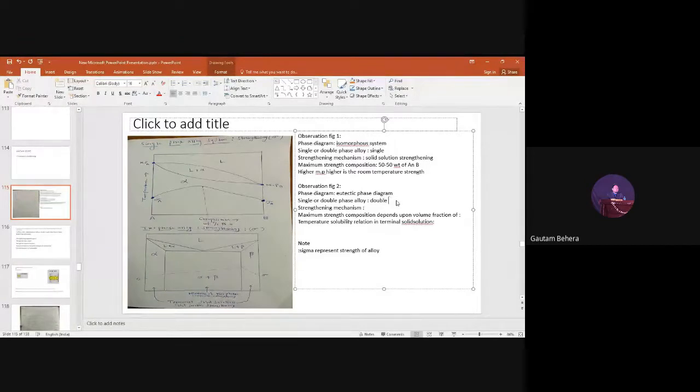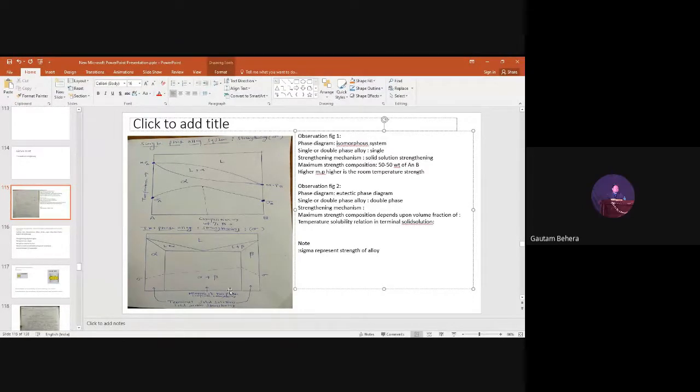Basically, it depends upon the composition. If I take a composition here, single phase alpha. If I take a composition here, single phase beta. If I take a composition here, two phase, alpha and beta. Here also, two phase.